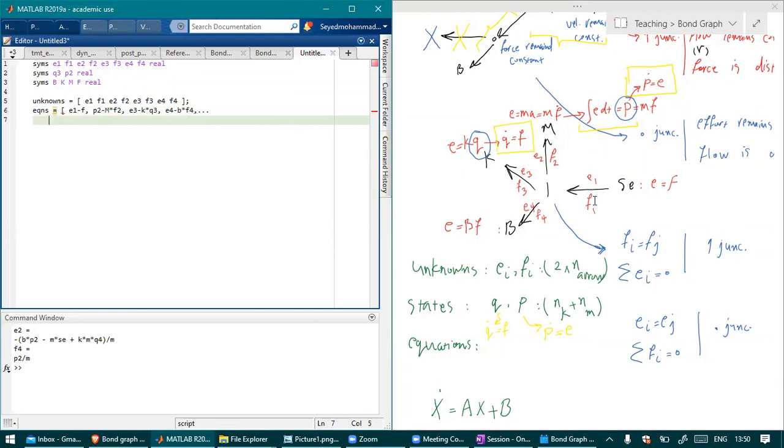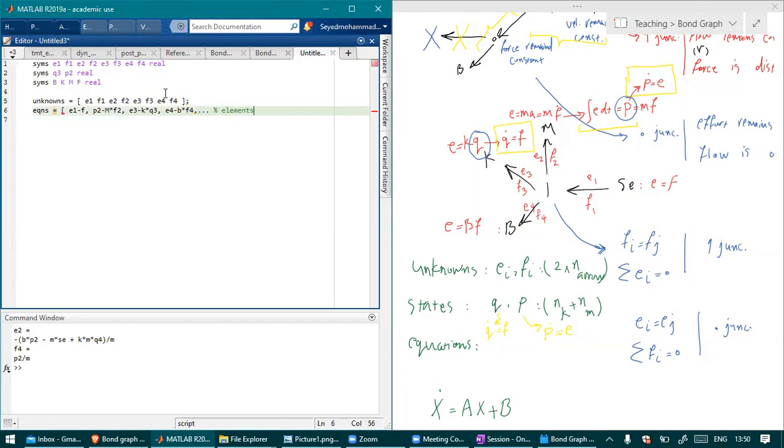Now we have to write the equations for the junctions. We dealt with the elements, now we want to deal with the junction.